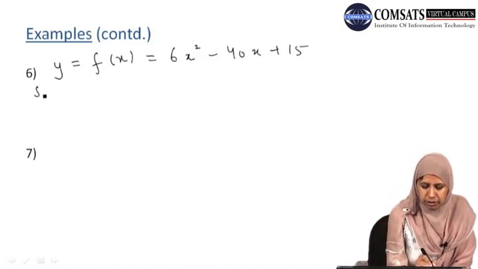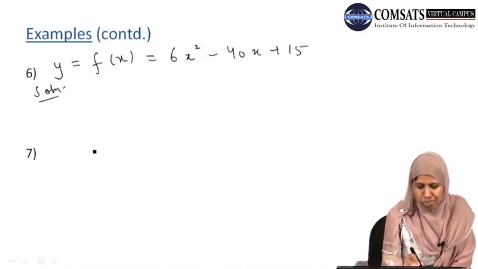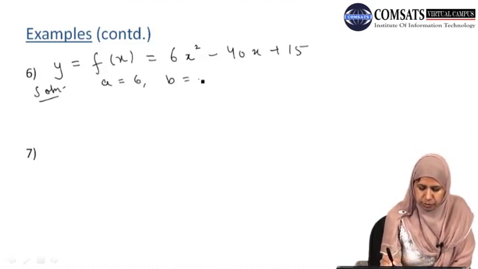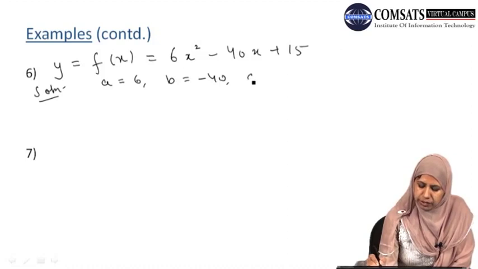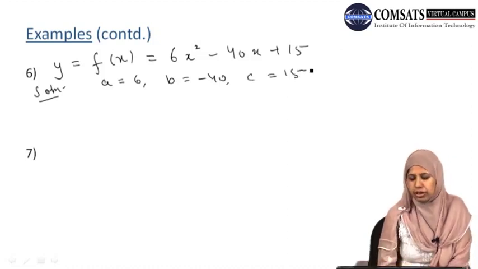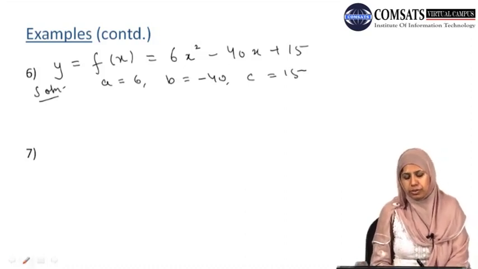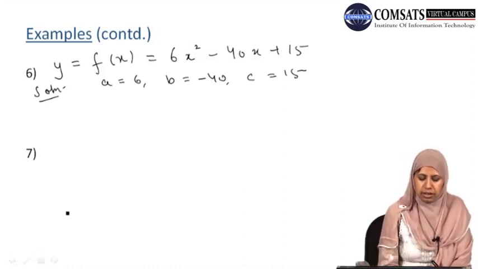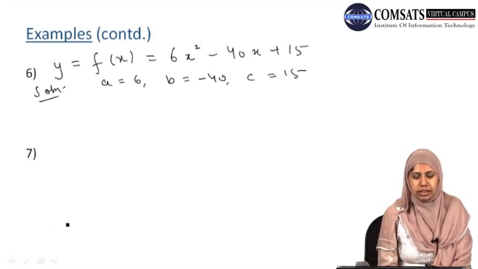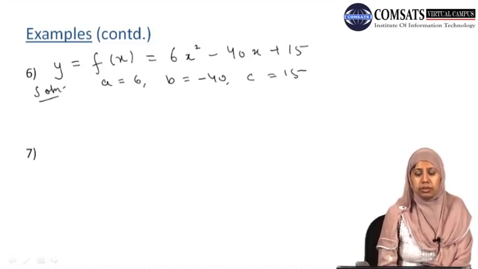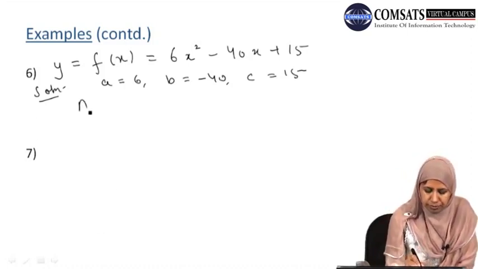Now by comparing, our a is equal to 6, b is equal to minus 40, and c is equal to 15. So the coefficient is different from 0, which is 6, and we can immediately see that the given function is a quadratic function.